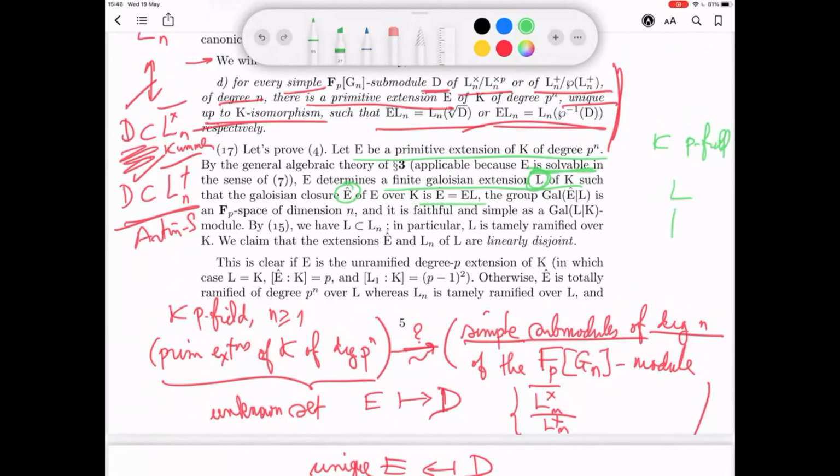So there's a finite extension of K, which I'm calling L, such that when I take the compositum with E, I get the Galois closure of E.